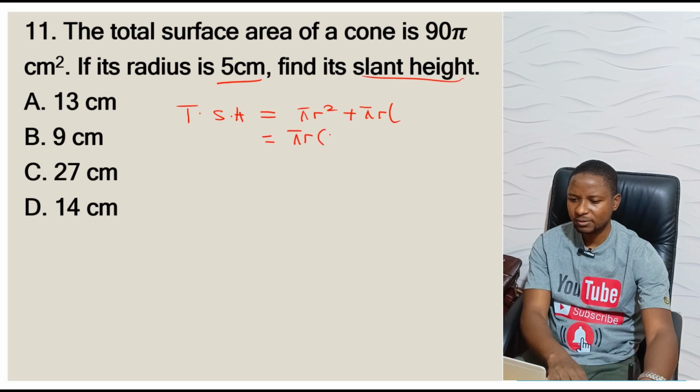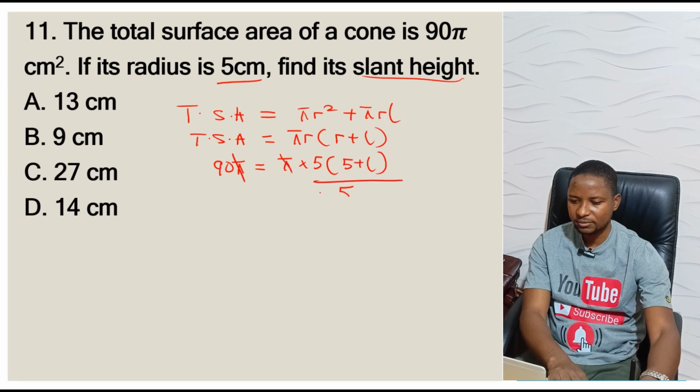If you like, you can simplify because pi r is common, so you have r plus l. Then you're good to go with inputting your information. The total surface area, they say, is 90 pi, and this is pi r, which is 5, and you say 5 plus l. So L is all we're looking for.